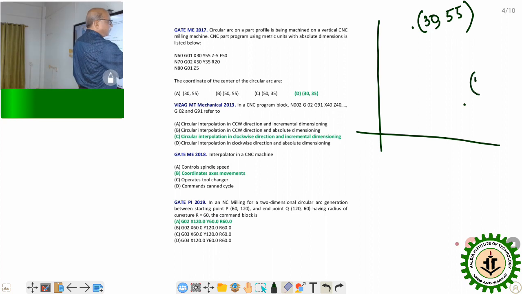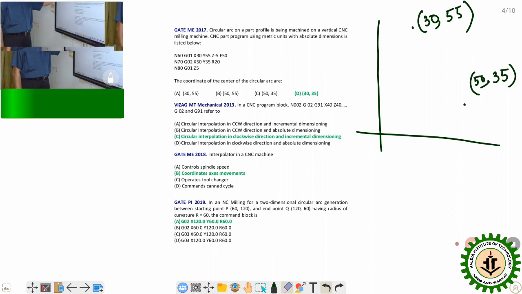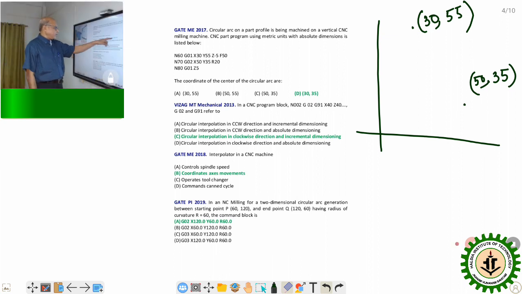So this will be 50, 35. Now the question is, what is the coordinate of the center of the circular arc? Between these 2 points, there may be several options to draw the circular arc. Now, for this particular command, which center point coordinate will ensure that we implement the command as mentioned in the second block, that is G02, X50, Y35.